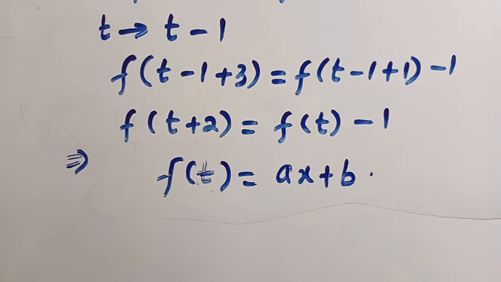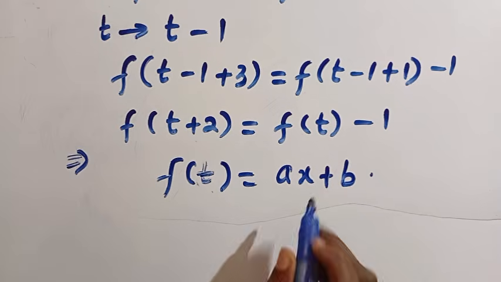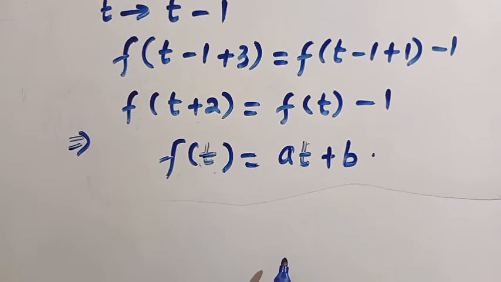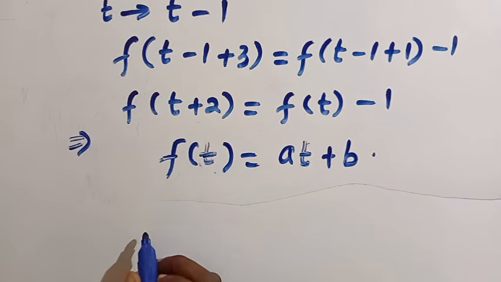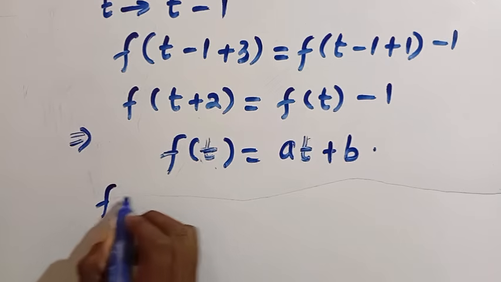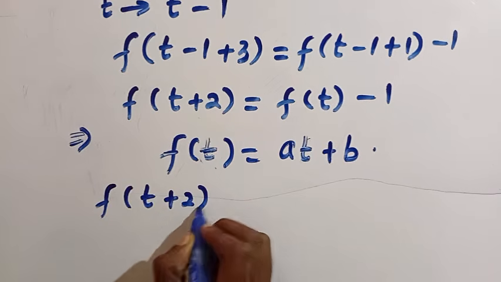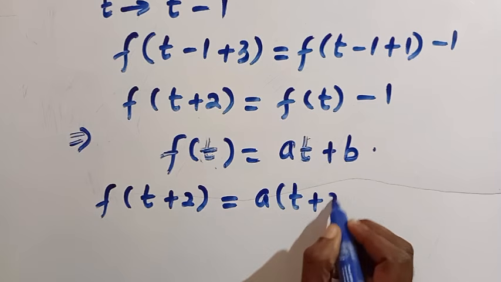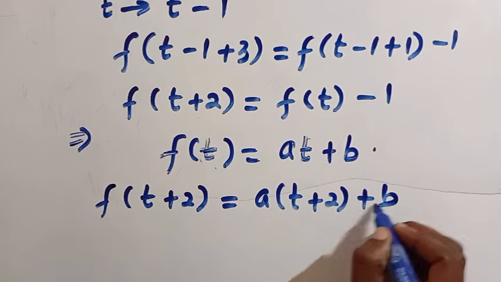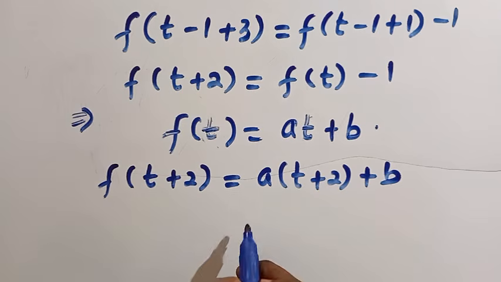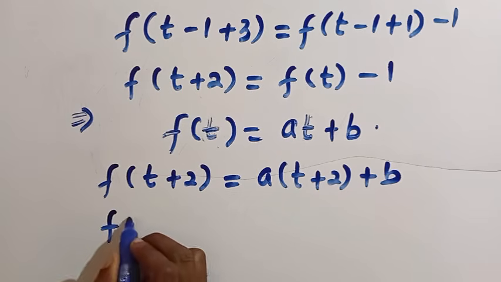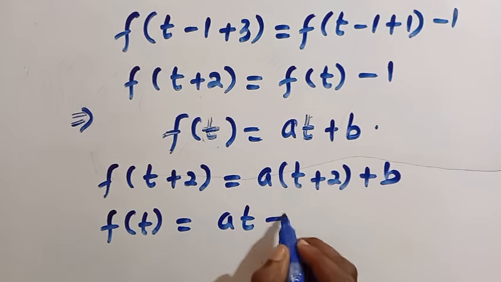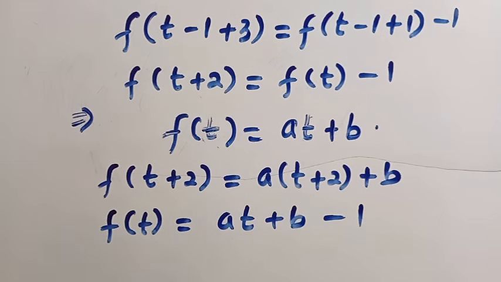Therefore, for f of t plus 2, this equals a times the bracket of t plus 2, plus b. And for f of t minus 1, we have f of t equals at plus b, then minus 1.